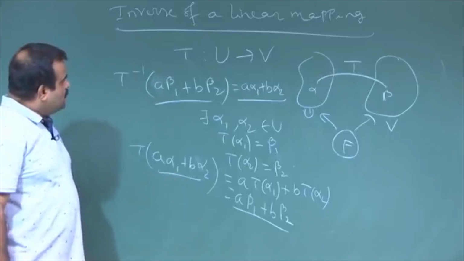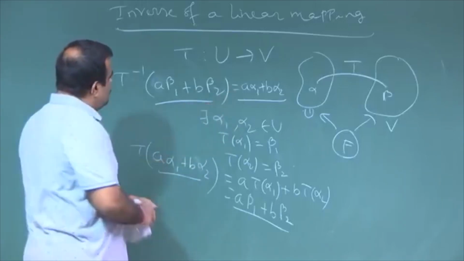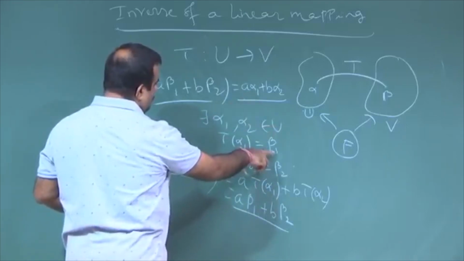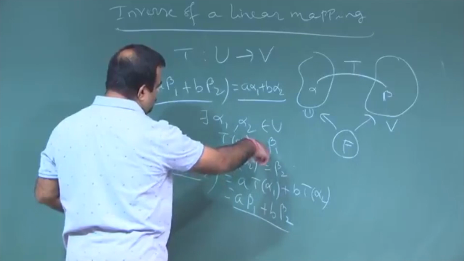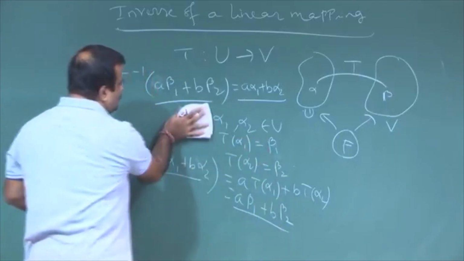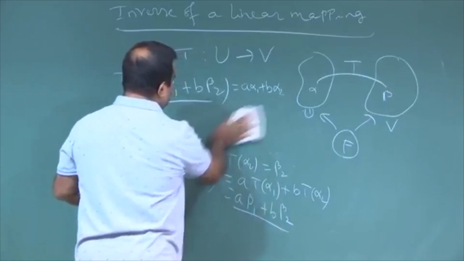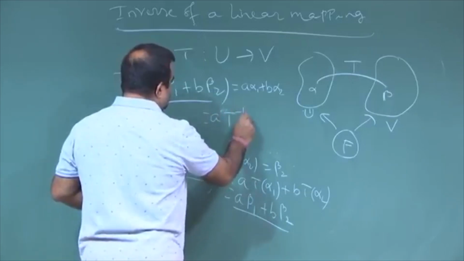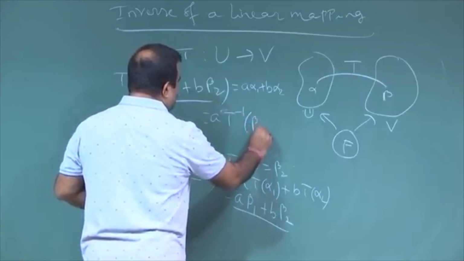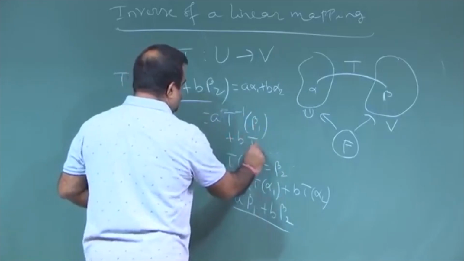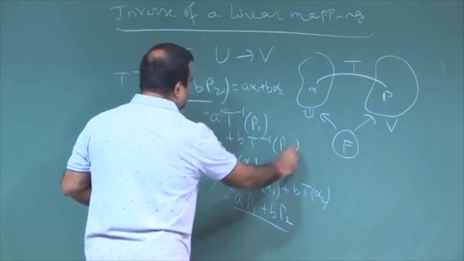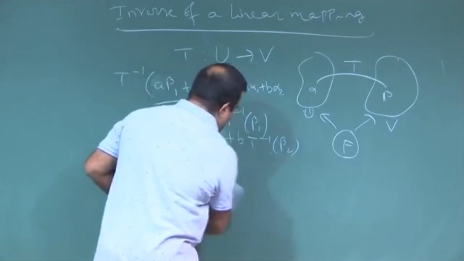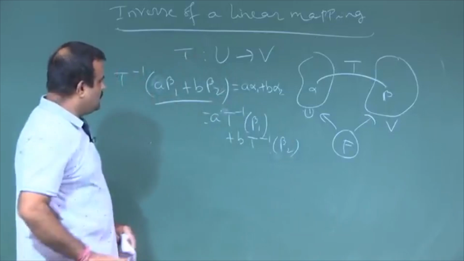So, this is nothing but A times T inverse of beta 1 plus B times T inverse of beta 2, because alpha 1 and alpha 2's images are beta 1 and beta 2, that is it.